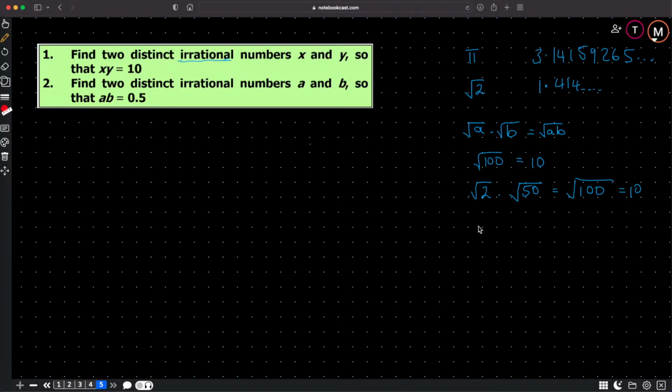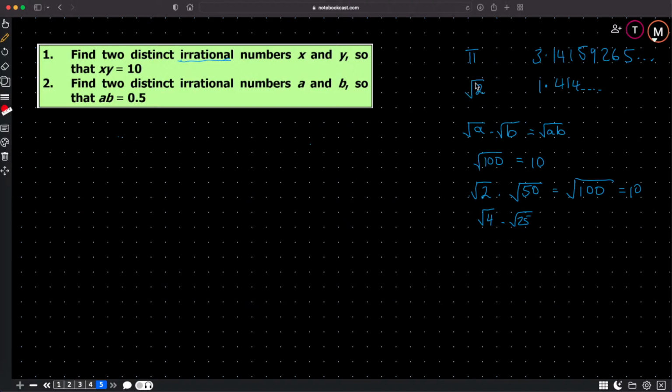Another one that would work as well: the square root of 4 times the square root of 25, although here actually we need to double check something. Square roots are not always irrational, are they? Sometimes if we have a square number, it's not irrational, because the square root of 4 is equal to 2 and the square root of 25 is equal to 5. So not all square roots are irrational.